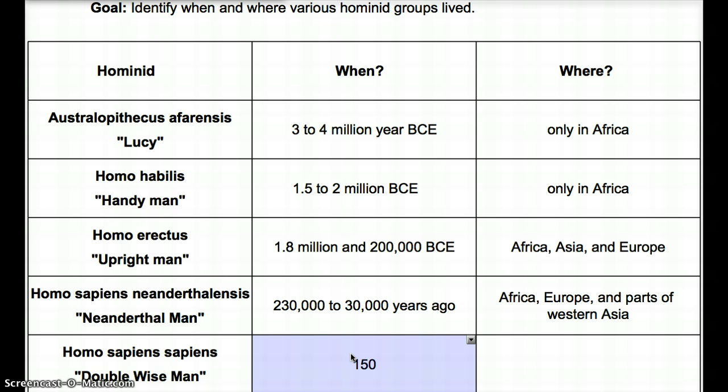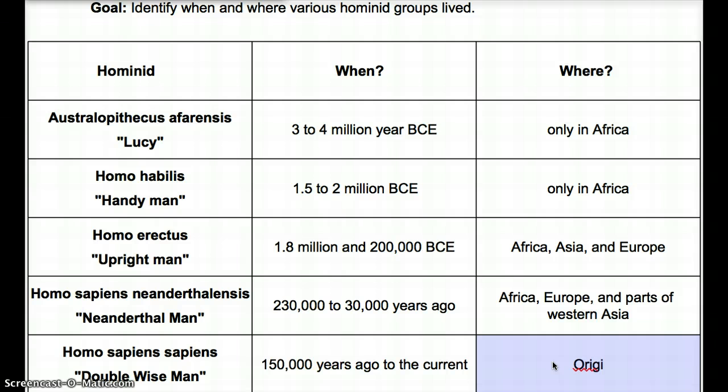Our species actually started 150,000 years ago. And we're actually still around. And where are Homo sapiens sapiens?